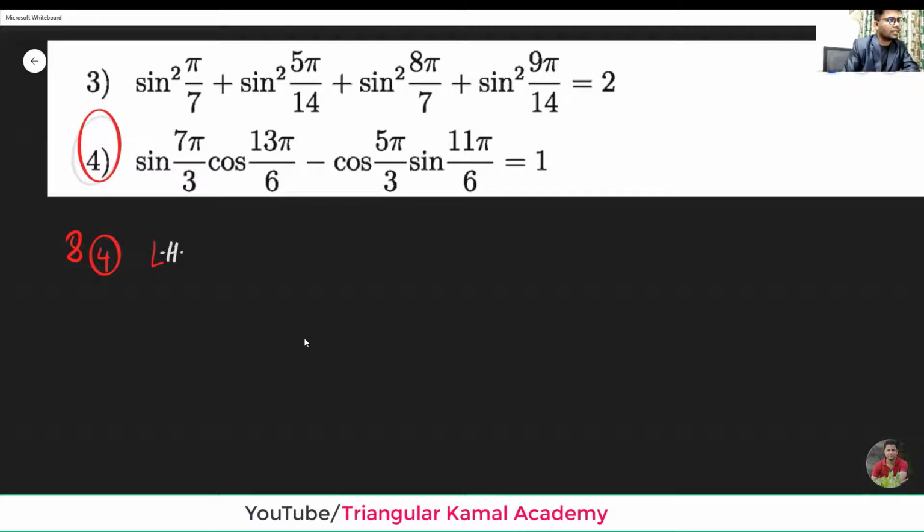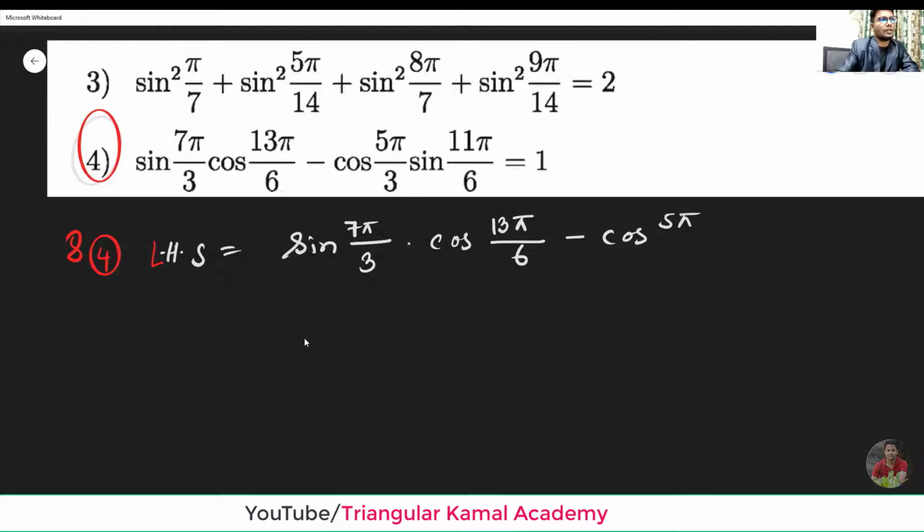This left hand side is equal to sine 7 pi by 3 multiply cos 13 pi by 6 minus cos 5 pi by 3 sine 11 pi by 6.